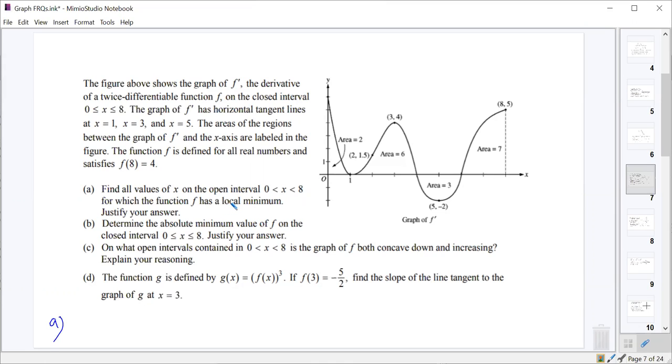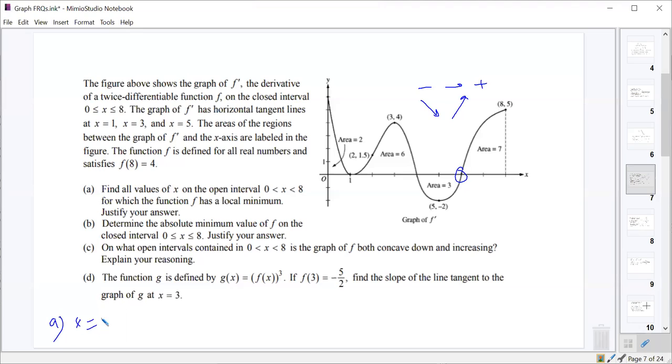Part F has a minimum. Well, F can only have a minimum if F prime is going from negative to positive, which tells us our function goes from decreasing to increasing, which would give us a minimum. So the only place on here where we have a critical value where it goes from negative to positive is right here.